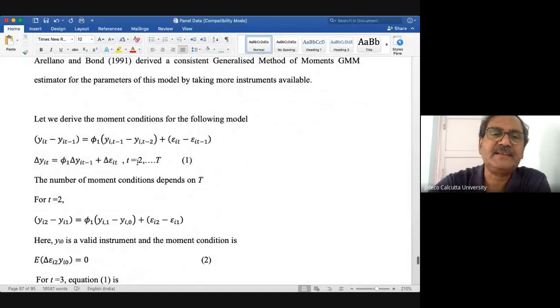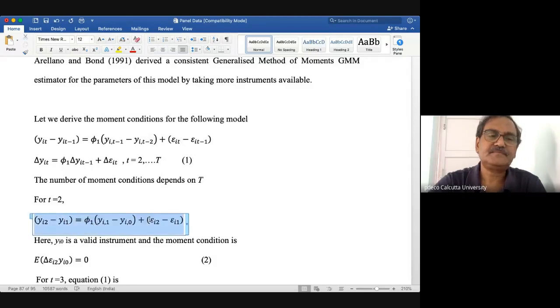In this expression, suppose t is equal to 2. So write down this expression for t is equal to 2. So it looks like this. This is a specific case for t is equal to 2.